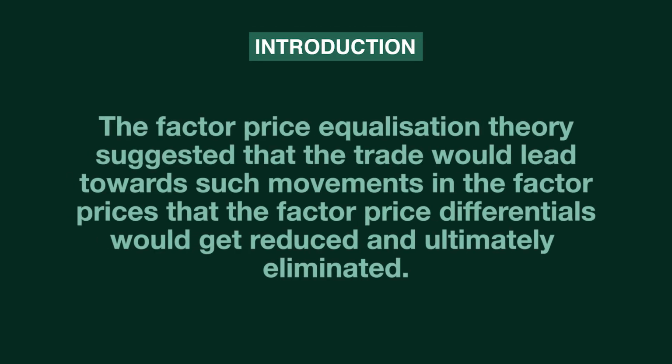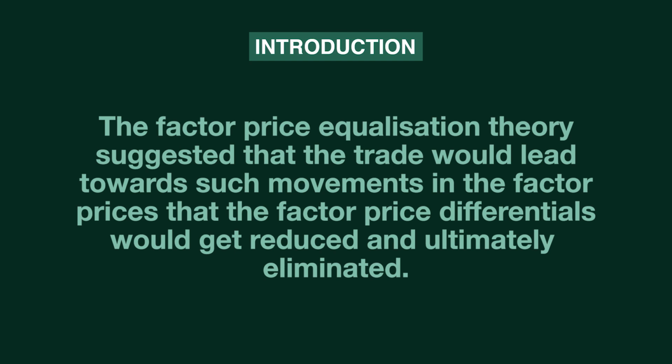Mind you, when trade begins, both the countries, who were facing different price ratios at autarky, now face almost similar price ratios as trade opens. For one country, the relative price ratio goes up.